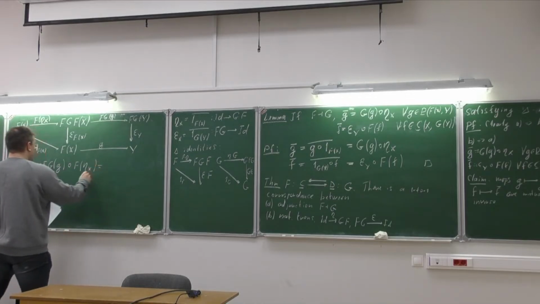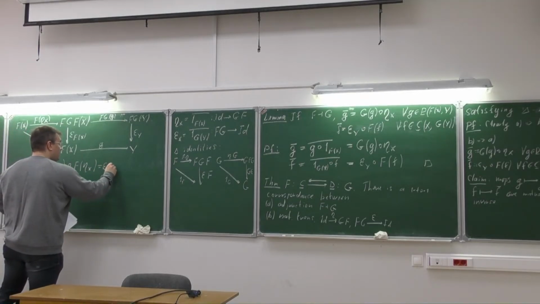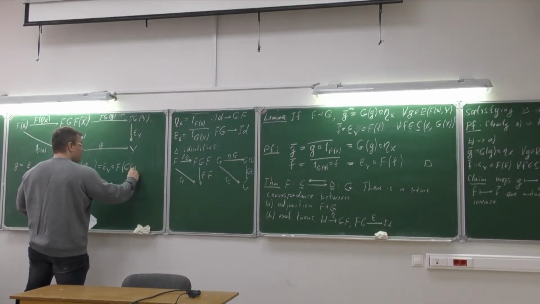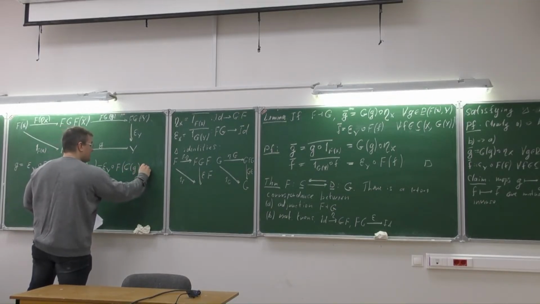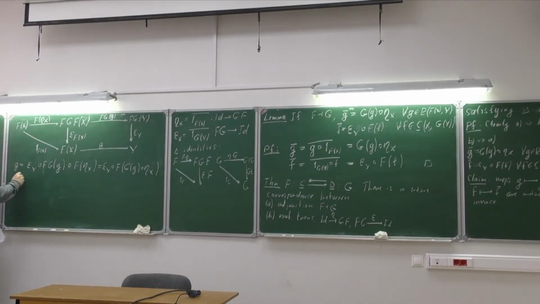Now, of course, F is a functor, so we can rewrite this, keep epsilon sub y composition F, and this is now applied to the g, composition with the eta sub x, right, using that F is a functor. And this we can rewrite as the epsilon sub y composition with the F, which I apply by definition to the g bar.